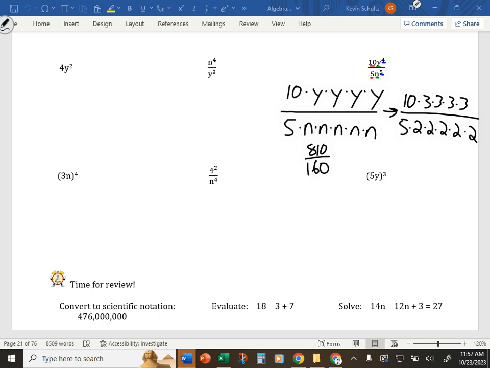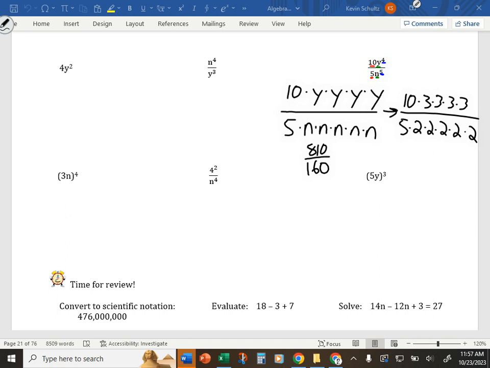Can we simplify this at all? Because it is a fraction, we have to ask, can 810 over 160 be simplified? How? And how do we know? By what? By 2? By 2, also by 5, also by 10.